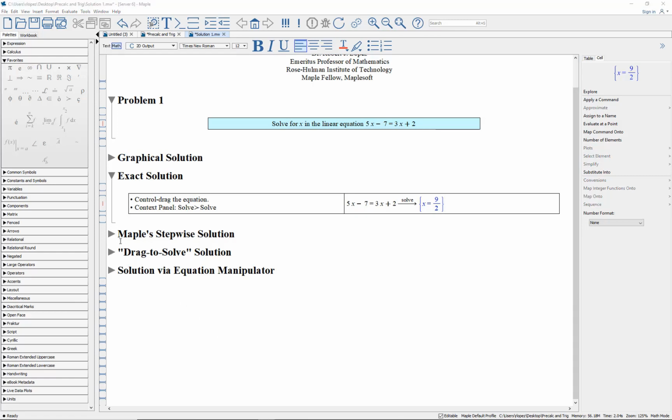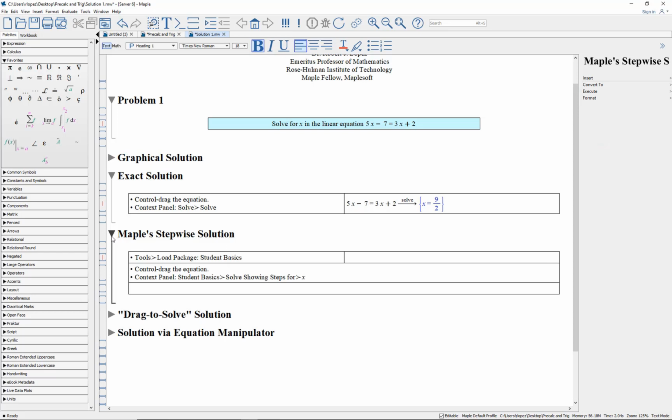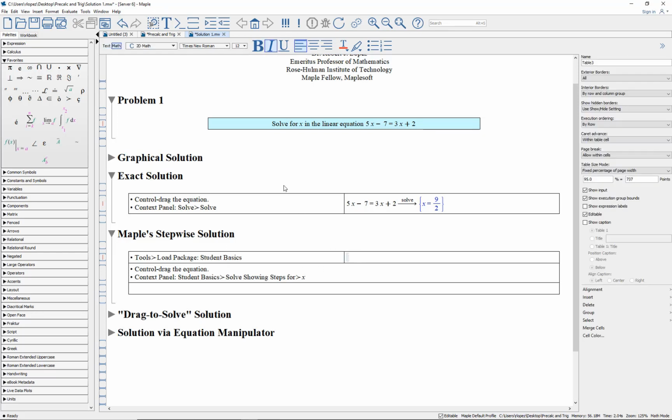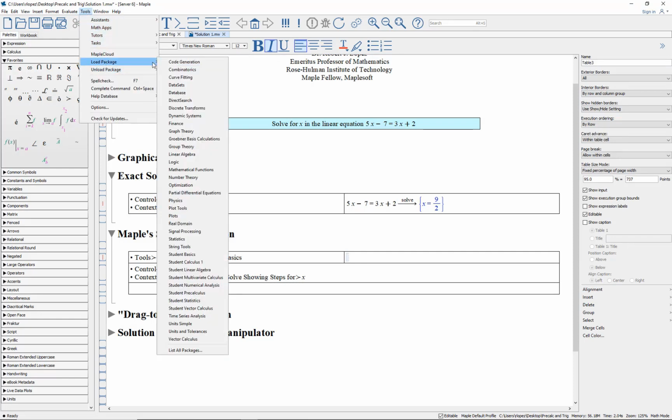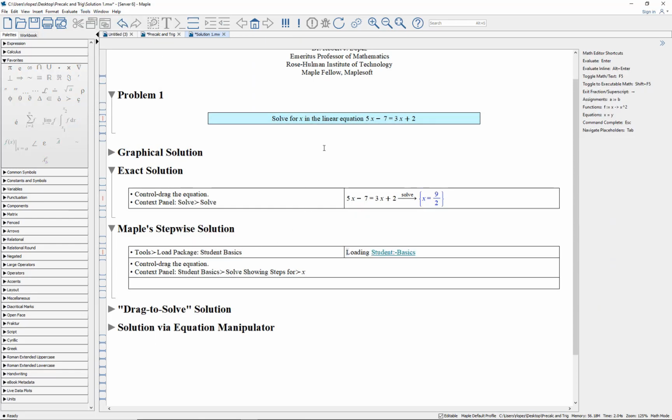Now, can we get a stepwise solution? Well, we'll go here to Tools, Load Package, and install the Student Basics package. And then we'll bring down the equation again.